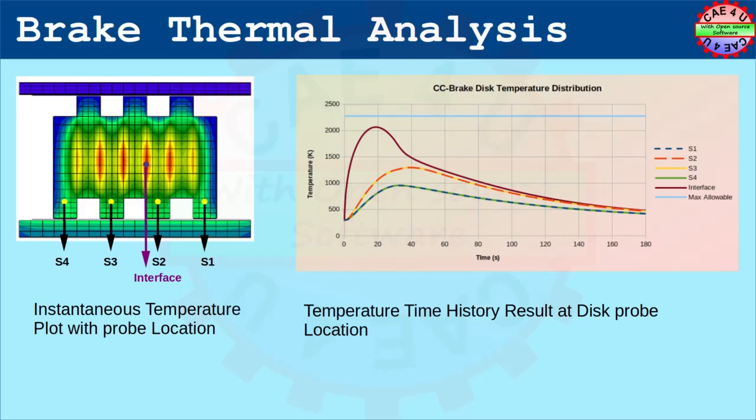than the inner disk. Further, the interface temperature is also below the allowable limit of 2000 degrees centigrade. Of course, the unit in which the graphs are plotted is Kelvin.